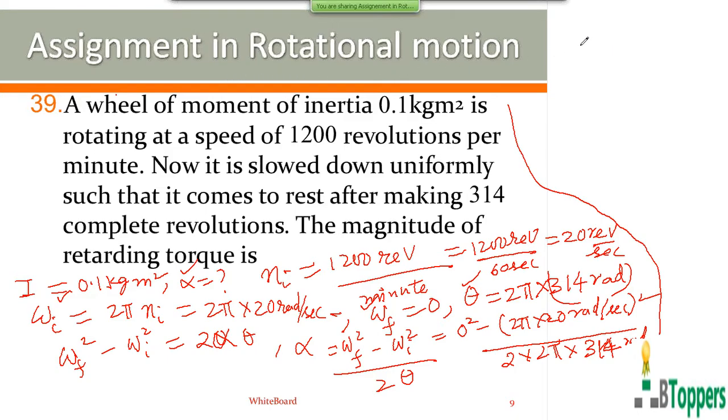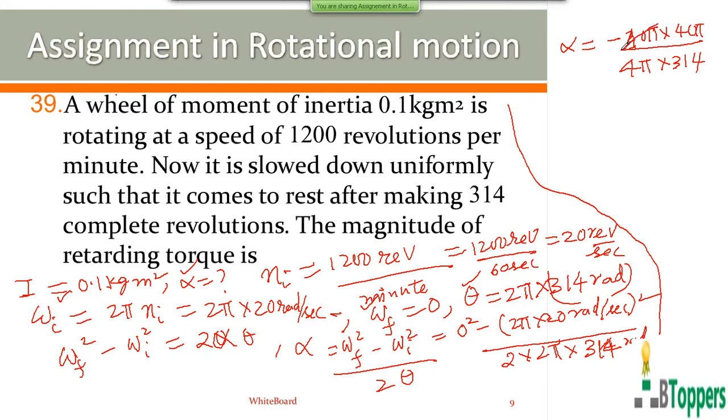So you get here alpha equal to minus 40 pi into 40 pi by 4 pi into 314.